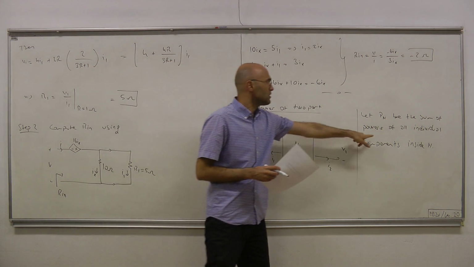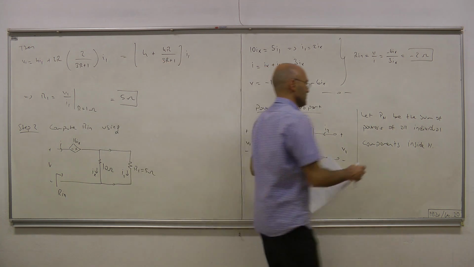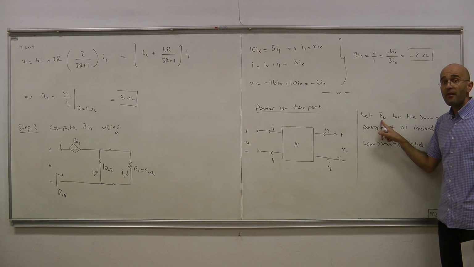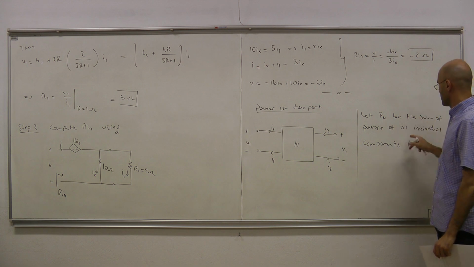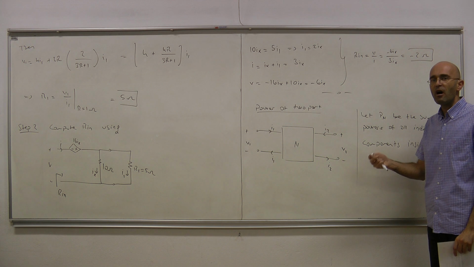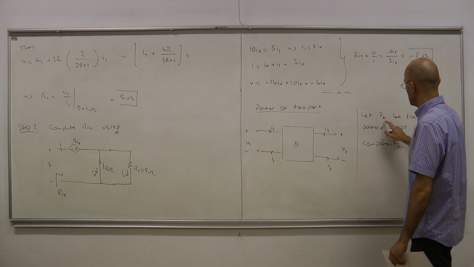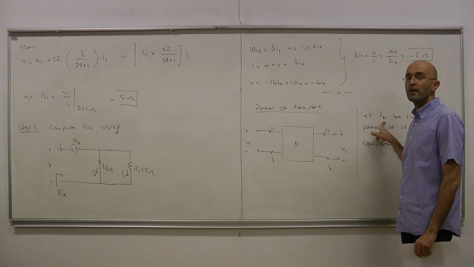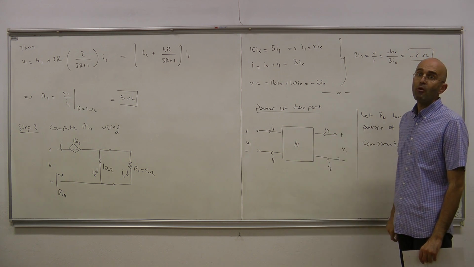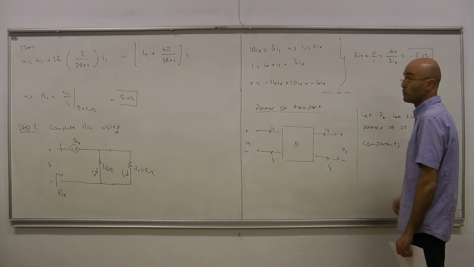Now this definition of power of a two-port indicates that to figure out this power, all you have to do is go component by component inside, compute each power and sum all those numbers, and the result must give you the power of the two-port. Okay? So if this has many components inside, that means you have to do a lot of computation.